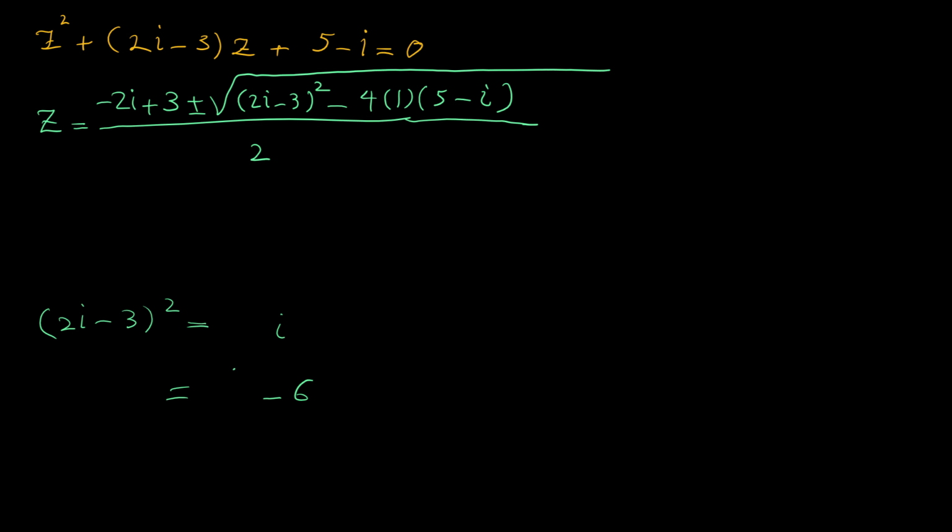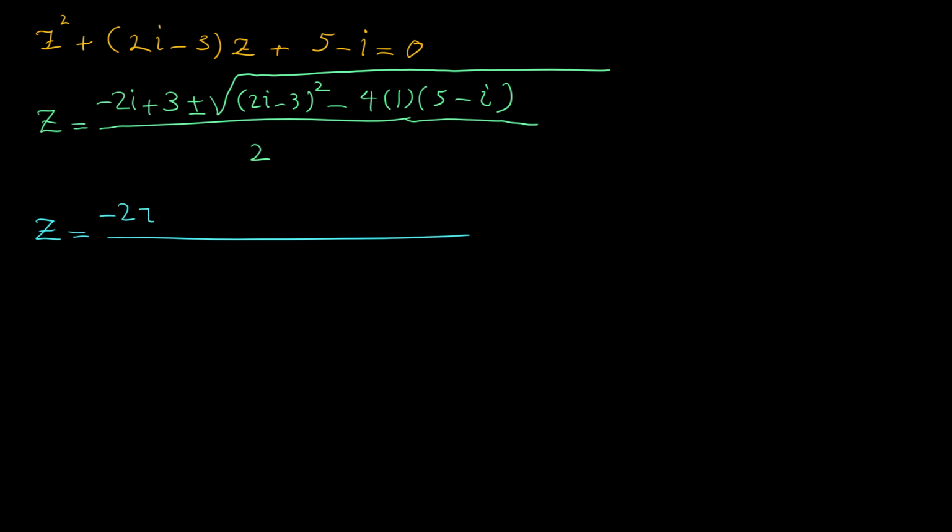So let me write this here, 5 minus 12i. So z equals negative 2i plus 3 plus minus radical 5 minus 12i. What about the other part? Minus 4 times 5 is minus 20. Minus 4 times minus i would be plus 4i.